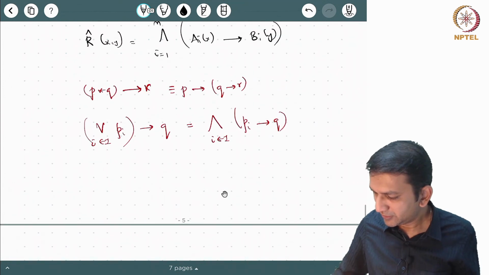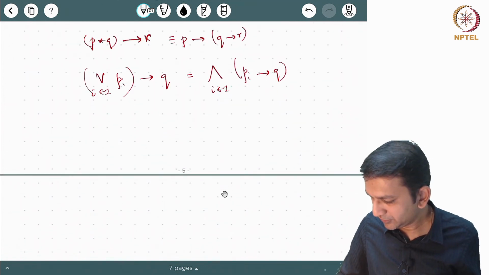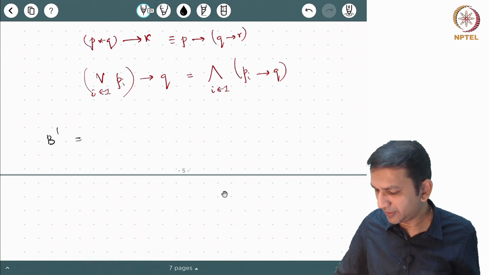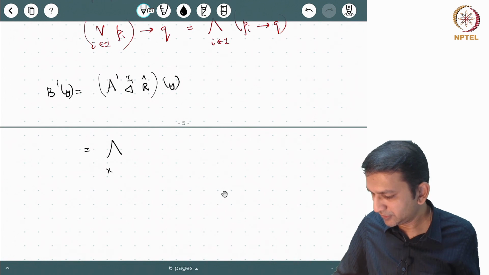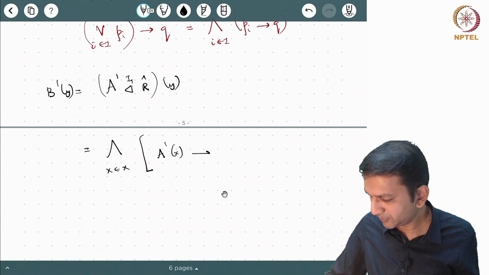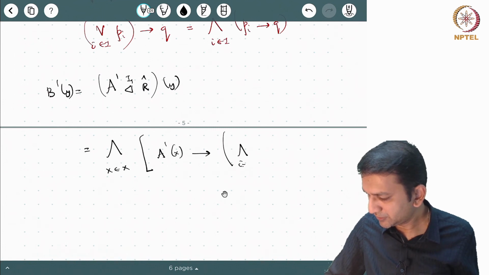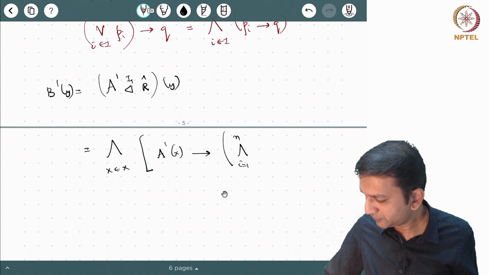So let's look at inferencing using BKS with A dash and R cap. So B dash of y is this. If you had to expand it, it would look like this: the infimum over x element of X of A dash of x implies the conjunction over i equal to 1 to n of Ri, where Ri now is Ai of x implying Bi of y.